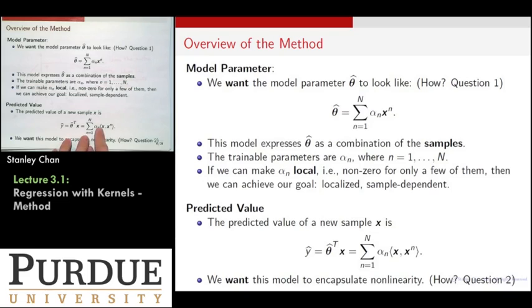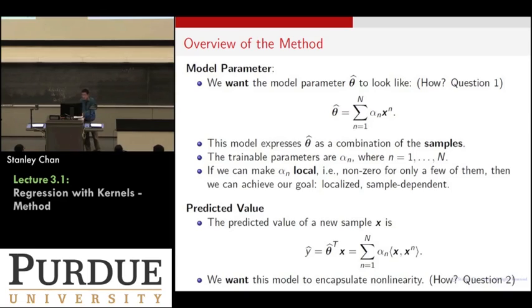And how can I do some trick over here so that I can handle the nonlinearity problem? You can encapsulate the nonlinearity into this formulation. There's actually a very simple trick here: just replace this inner product by something we call the kernel. These are the two questions, and hopefully after addressing them, you have an idea of what this kernel method really means.